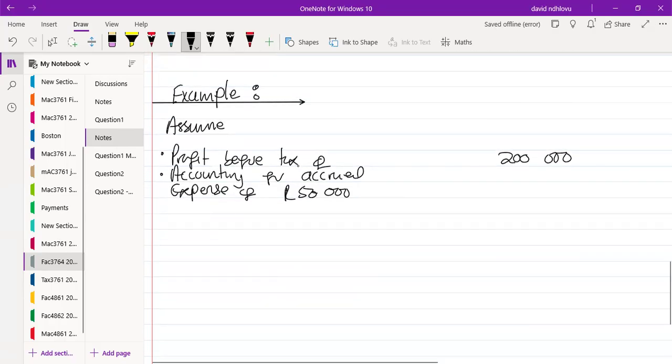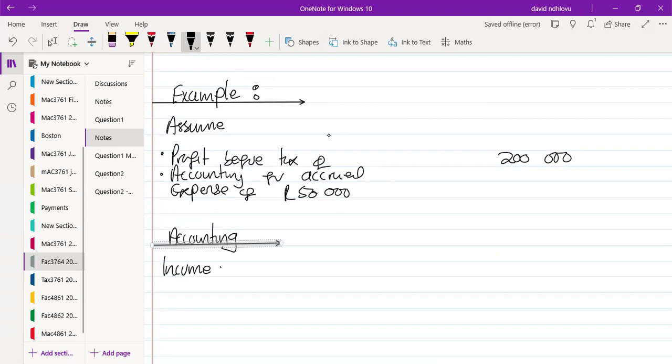Right, what will happen in terms of accounting? In the books of accounting, in calculating the income tax expense, we'll take the amount of profit before tax, which is the 200,000 that we have.